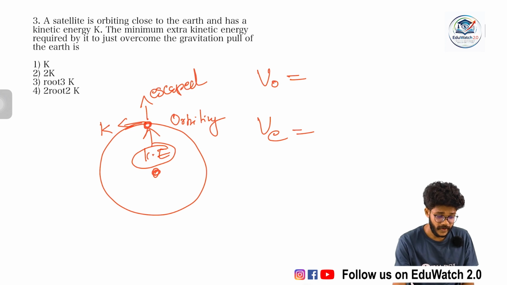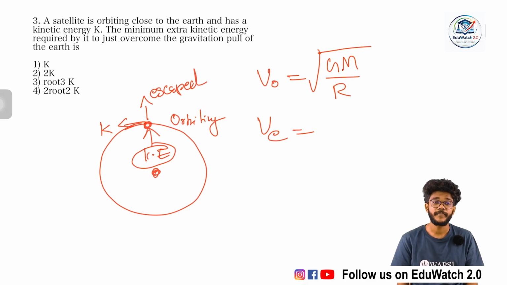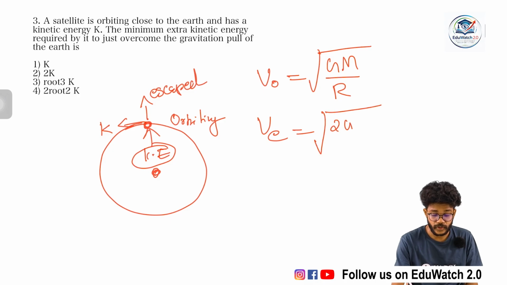Orbital velocity is nothing but root of GM by r. M is the mass of earth. It doesn't depend upon the mass of the satellite. So orbital velocity v_o is root GM by r. What is escape velocity? Escape velocity is root of 2GM by r.